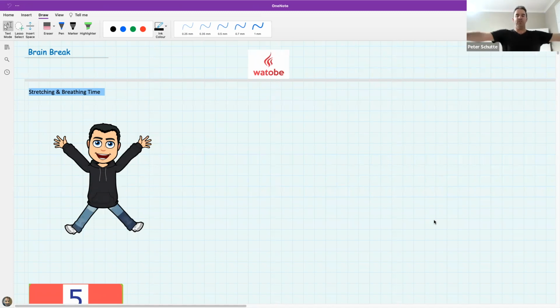Then let's do some circles, small circles. And then let's do bigger circles. And then let's do nice big ones. Let's reverse, go backwards, small circles, bigger circles, bigger circles.